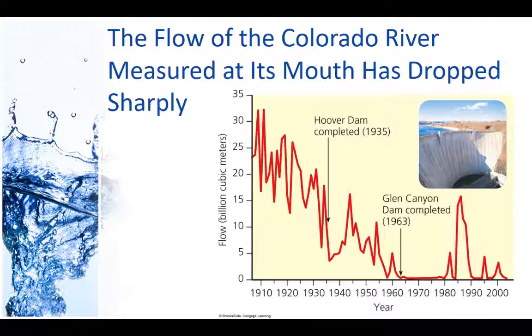And you've had wetter years, as you can see in the late 80s, but you're never even close to your historic levels of water flowing through the Colorado River. And again, that's due to human use and need and pumping it out to water crops in places like Arizona and Nevada that really probably shouldn't be growing much.